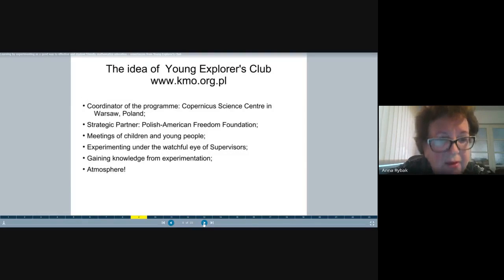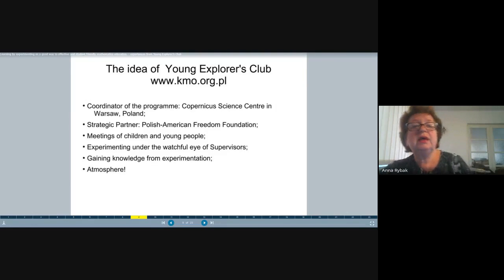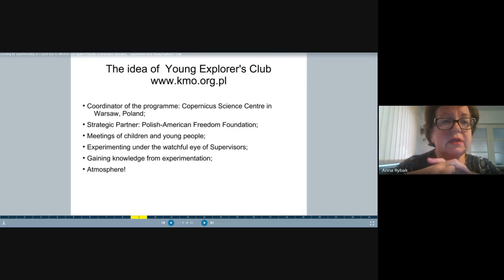In Poland and also abroad, 18 years ago, the idea of a Young Explorers Club was created. The coordinator of this project is the Copernicus Science Center in Warsaw.